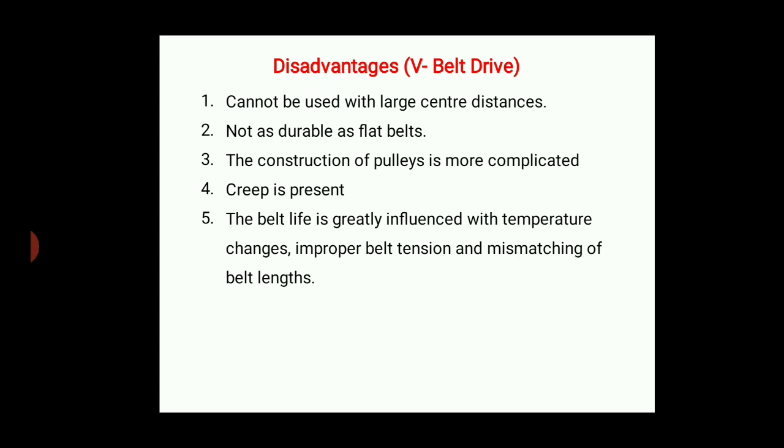So if the temperature is quite high, then it may soften the rubber, and if the temperature is very low, then it will affect the durability of the rubber, as it will get hardened, and improper tension and mismatching of the belt length may happen in that case.